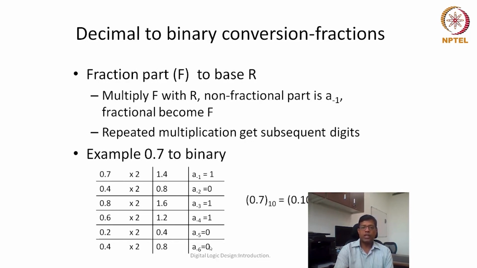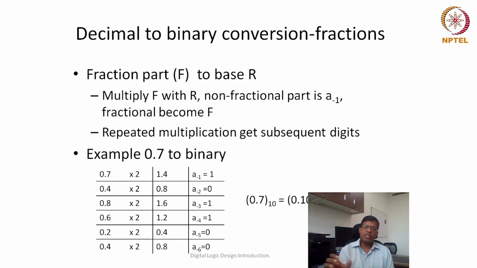Now we can say that 0.7 in decimal is equal to 0.1011100 in binary. There is one observation for this particular number: it is non-terminating.